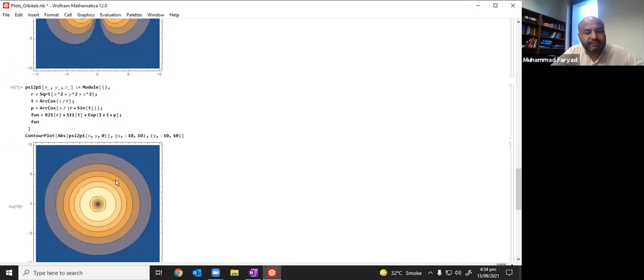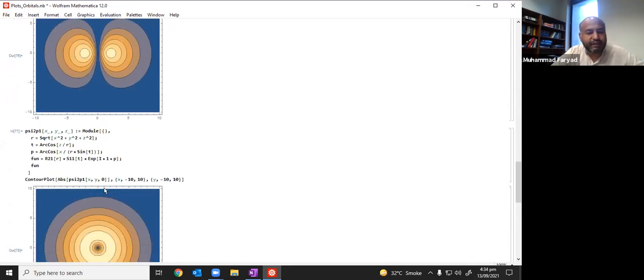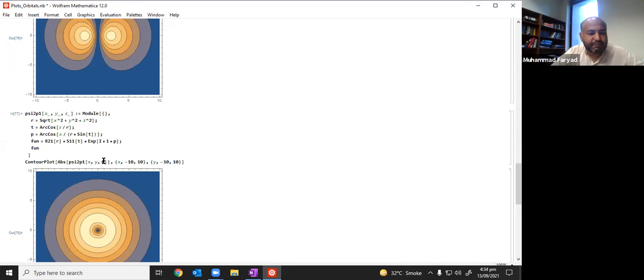You see, this is symmetric in XY plane, but this one has lobes along this one, and if I make it, let's see it in the YZ plane.